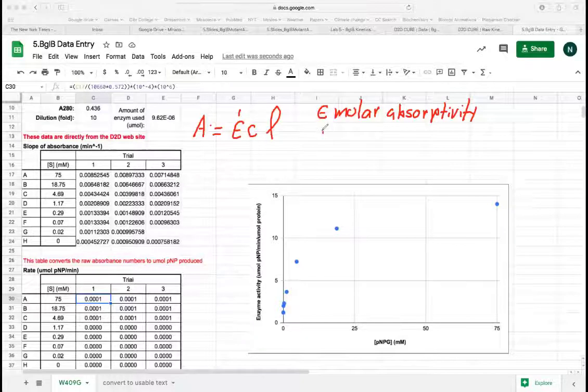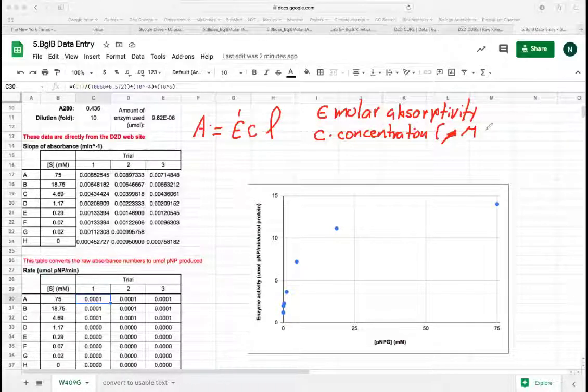How much absorbance does a 1 molar solution give? C is concentration. That's the parameter that we're after, right? We want to know the concentration of the paranitrophenol. And of course, once we know the concentration and the volume, we can convert that to an absolute amount of paranitrophenol. And that's going to be actually not in micromolar, but in molar. And then L is the path length.